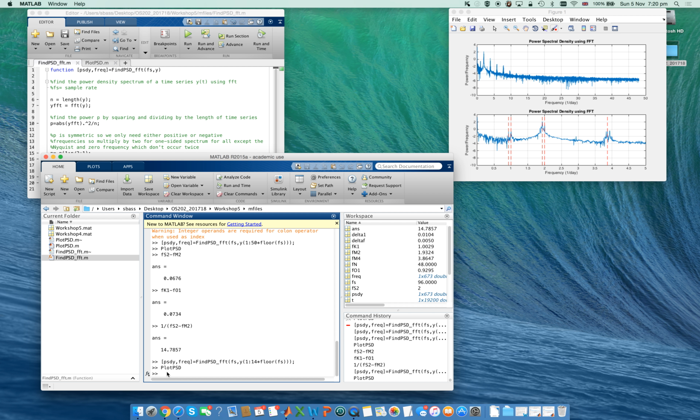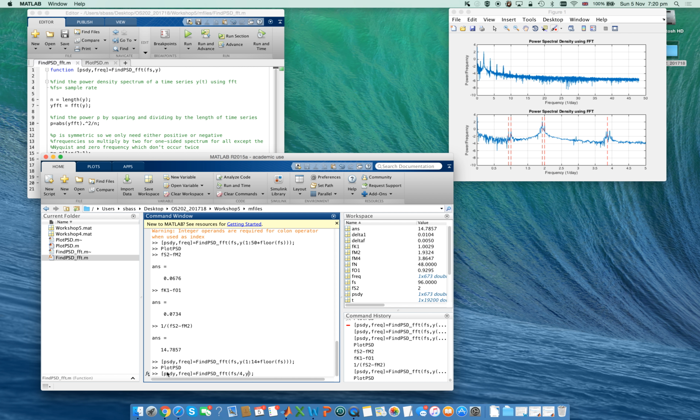Okay, and so if we try sampling at a slower sample rate, so 1 every hour effectively, then how does that impact on our Fourier transform? So let's try calling the same function again, except this time we're not going to pass it the same sample rate, we are going to pass it a slower sample rate, and I've suggested that we divide it by 4, so that will give us 24 samples per day.